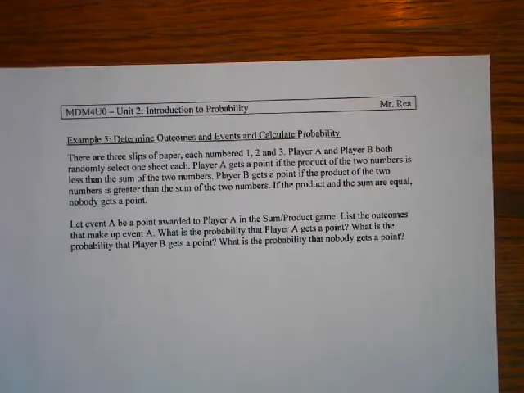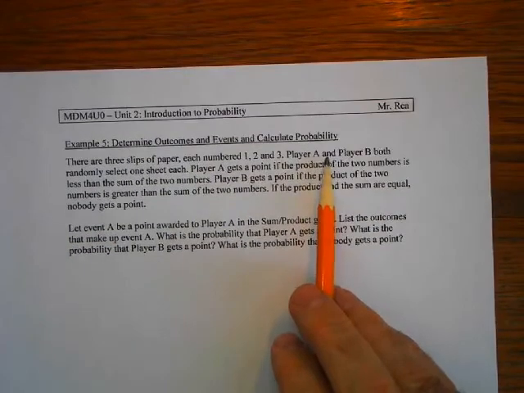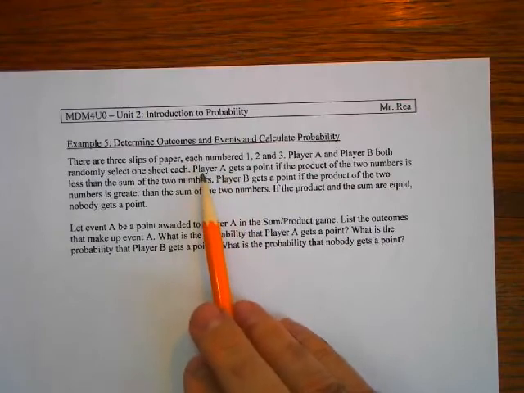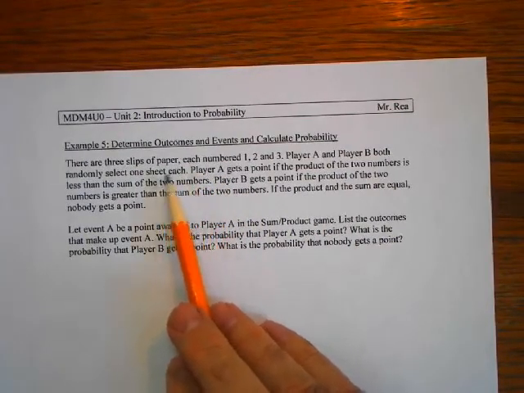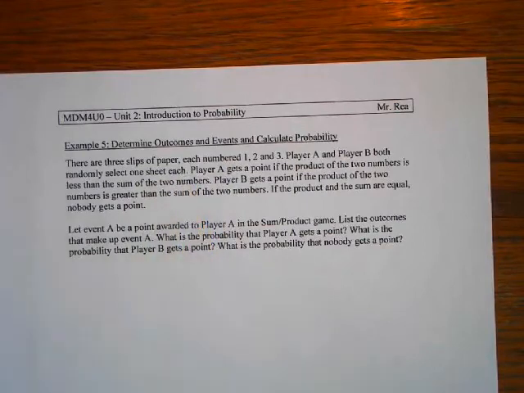So basically, you've got two players, A and B, player A and player B. You give each of the players a randomly picked number that's on a slip of paper. So the slips have 1, 2, and 3. So player A could get a 1, a 2, or a 3. Player B could get a 1 or 2 or 3.